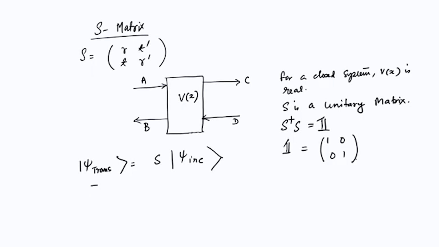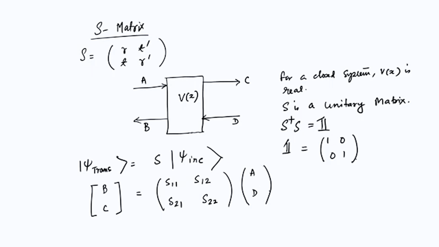We can write this as B, C, which are respectively the reflected and the transmitted waves, equal to S11, S12, S21, S22, times A and D. So B and C, just to reiterate, are outgoing amplitudes, and A and D are incoming amplitudes.